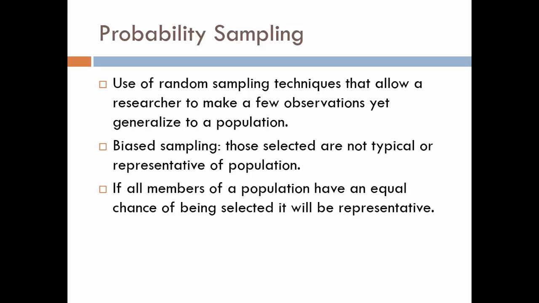So once again, all members of the population have an equal chance of being selected. And then if that happens, then you're more likely to get a representative sample. So your sample is similar to the population. It won't be biased, and then you can have confidence when you generalize. Okay?